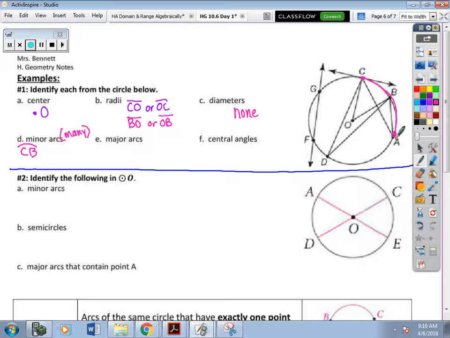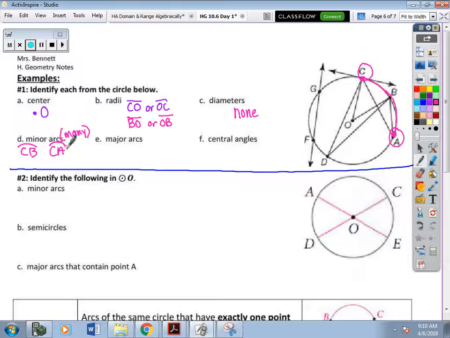Would CA be a minor arc? Yes. Why wouldn't I call it CBA? That would be a major arc. So even though this passes over another point, you only would name it by the two endpoints because it's a minor arc. So this would be arc CA, because it's still less than 180 degrees.